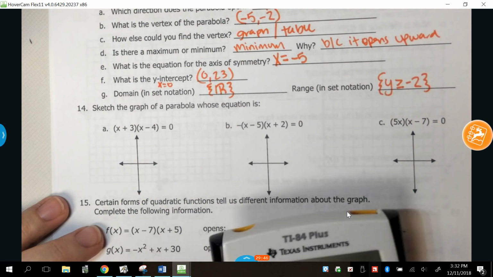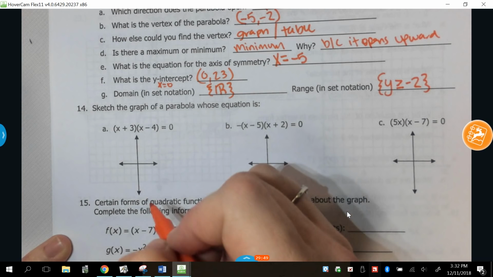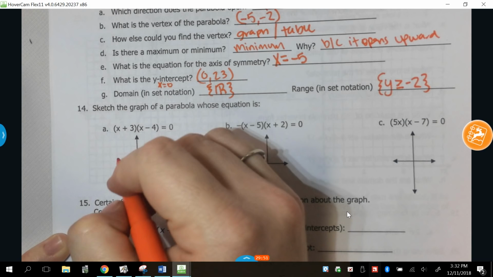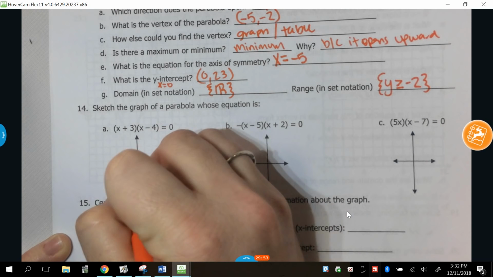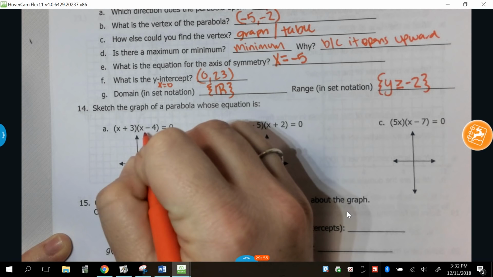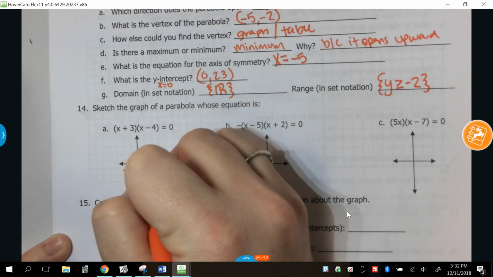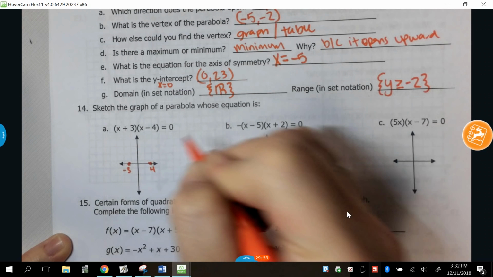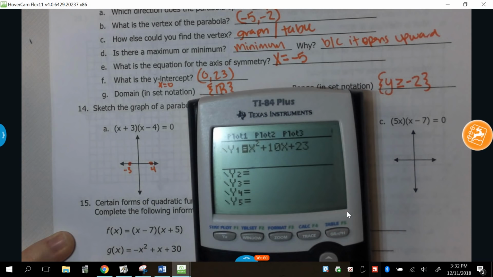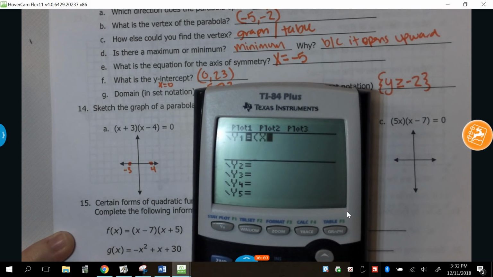So sketch the graph of the parabola. Well, this is +3. The opposite of +3 is -3, and then the opposite of -4 is +4. Again, guys, these can be calculator problems. x plus 3, x minus 4, second graph, oh, just graph, sorry.